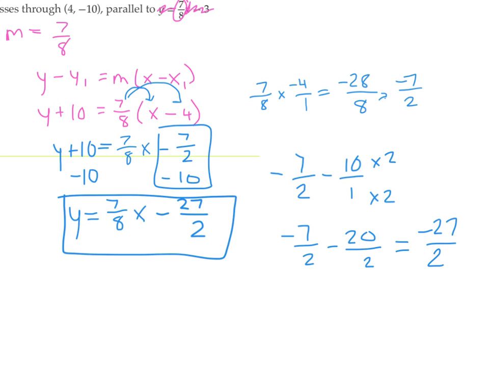In this equation, what is our slope? 7 over 8. Our slope is 7 over 8. What is our y-intercept?